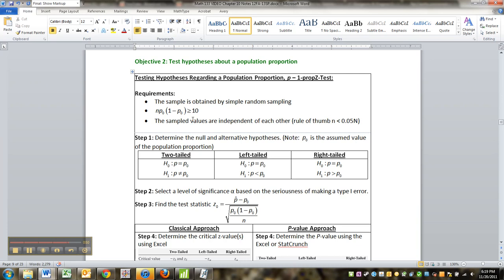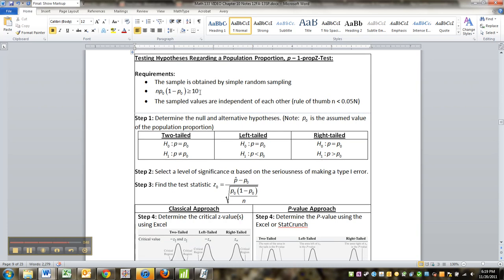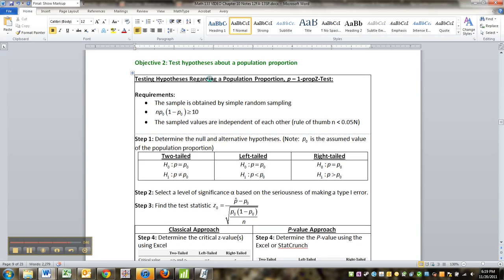Now, this is the first one of many such tables you're going to run across. This is the one for proportions, right? It's a 1 proportion z test. So you have to assume that it's obtained by simple random sampling, what I was just saying. You have to figure out whether n times p times 1 minus p is greater than 10. We learned this in chapter 6 and then again in chapter 8.